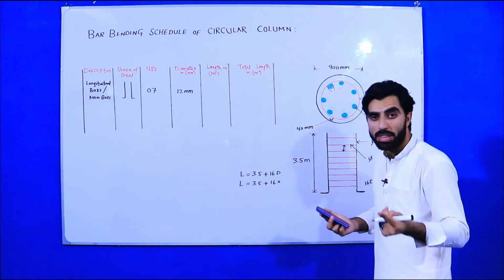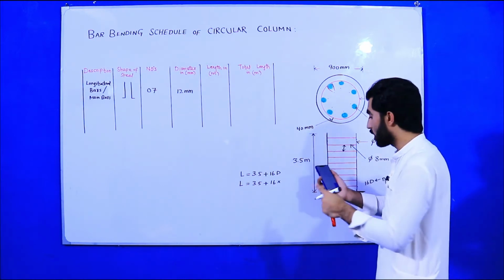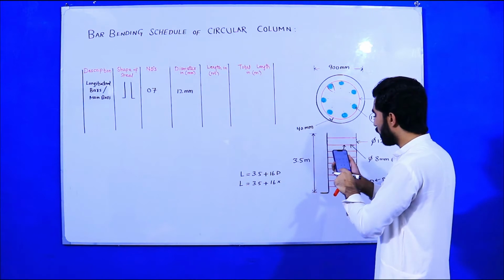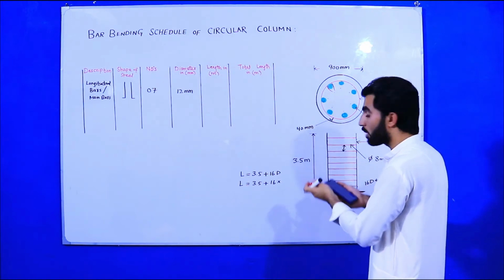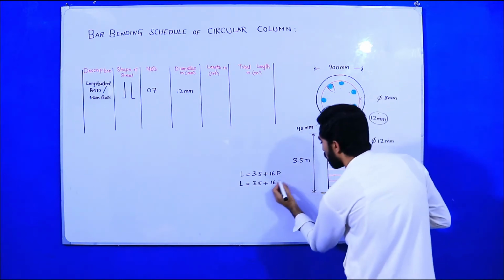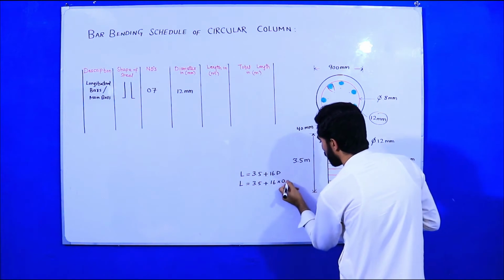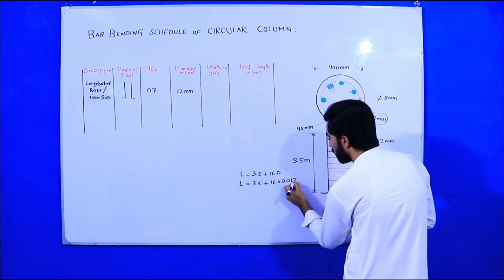We have 1000 millimeter in 1 meter, so I will convert. 12 should be divided by 1000, so it becomes 0.012. So 16 multiplied by 0.012 becomes 0.192.